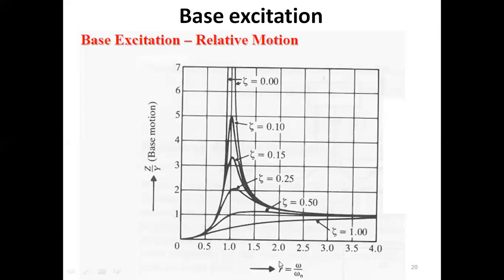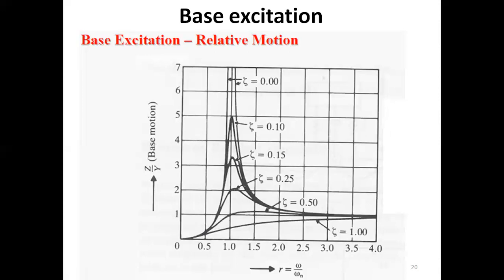At higher frequency ratios, you could see that all these simulations are converging. They are converging at one. So what does that mean? That irrespective of the damping ratios, at higher frequency ratios, the displacement transmissibility would be almost 1. It means that z by y is equal to 1, which means that z would be equal to y.